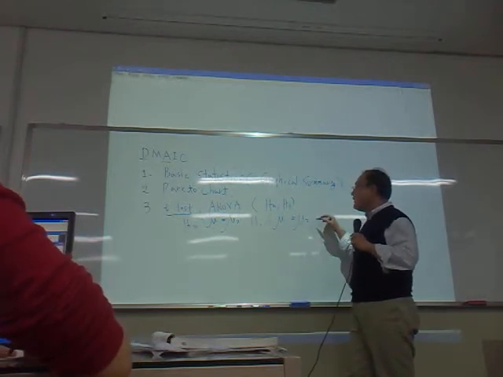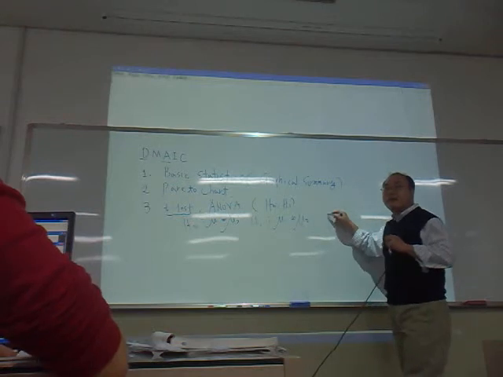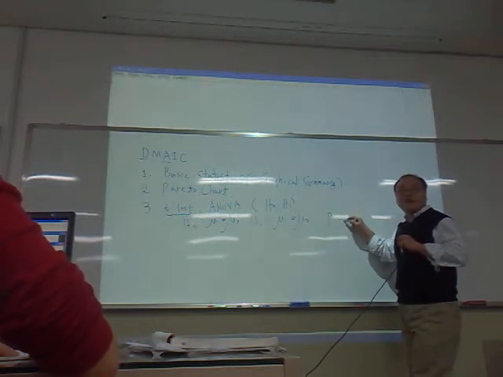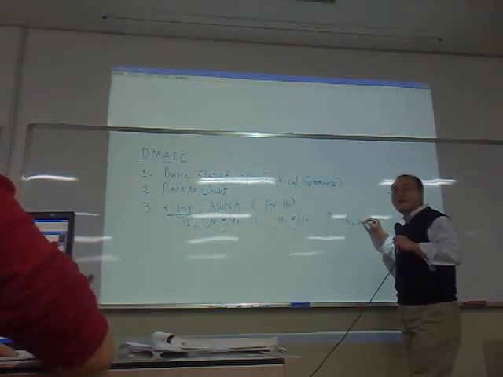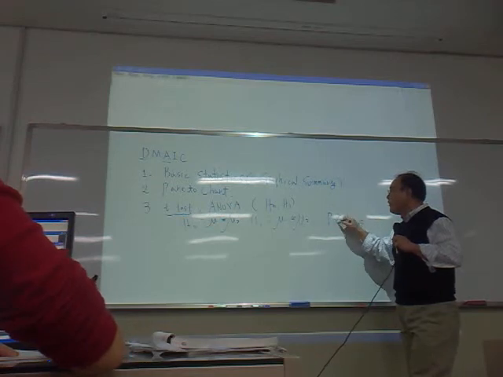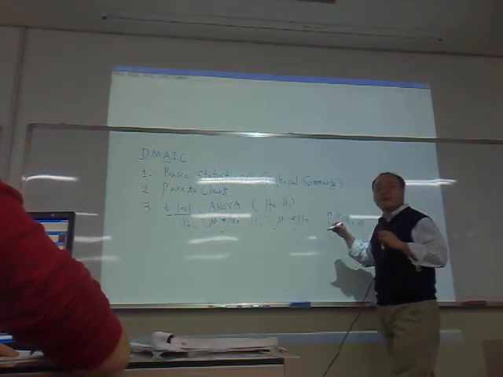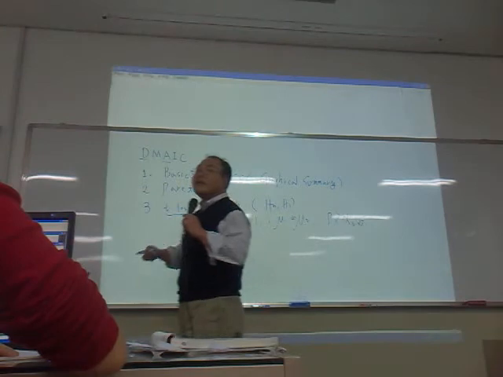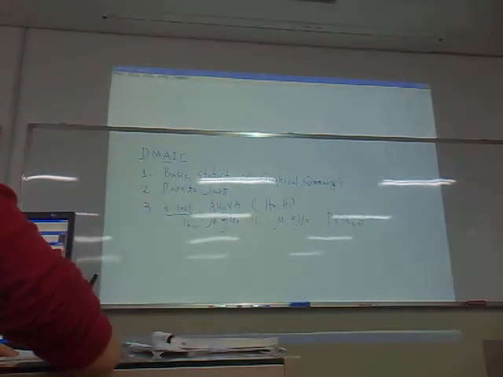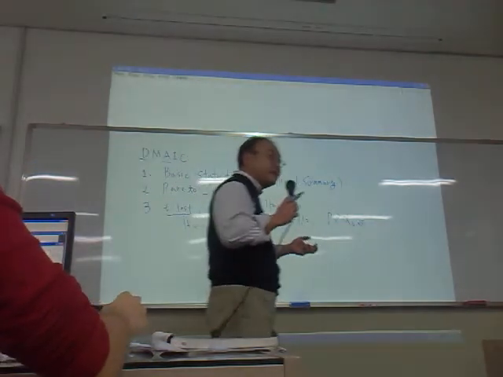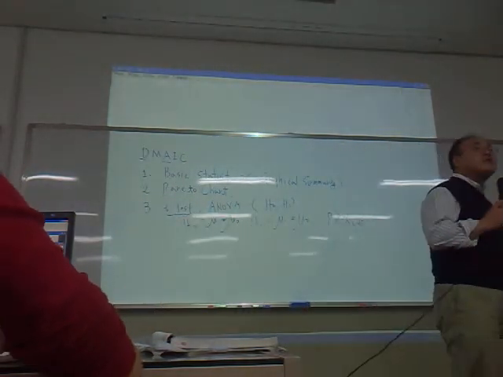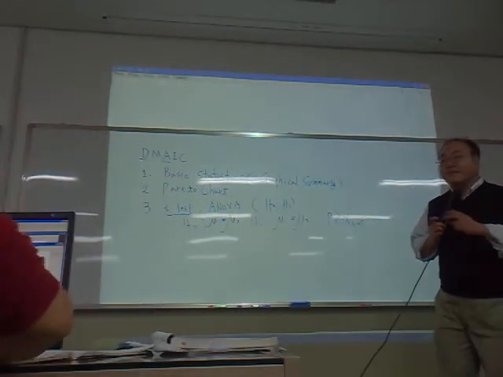After that, you have to get the p-value from the Minitab. You compare with the alpha, 5%, bigger or smaller, you decide. And what are you going to do, reject H0 or accept H0? After that, you have to explain the result. Two groups are different or not different.